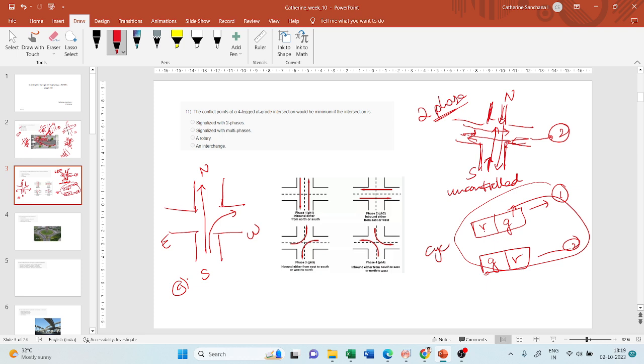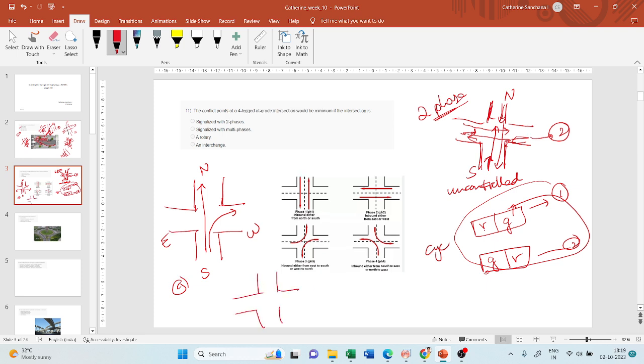This can be taken as the first phase. In the second phase, the vehicles in the east direction can make a through turn and then a right turn and left turn also.